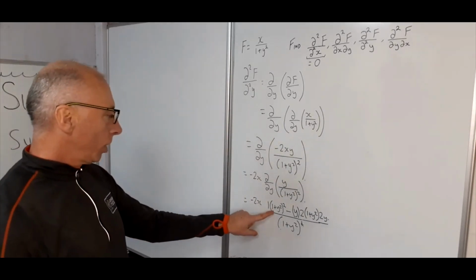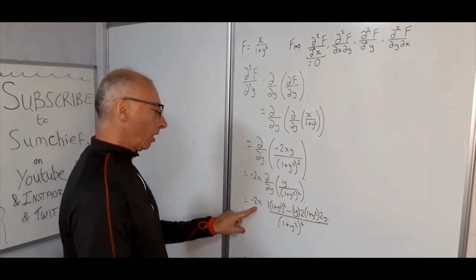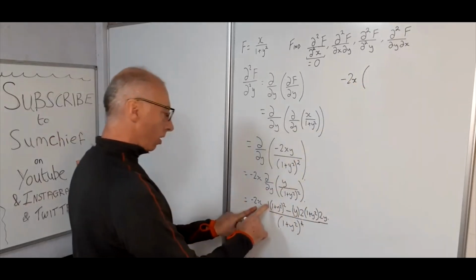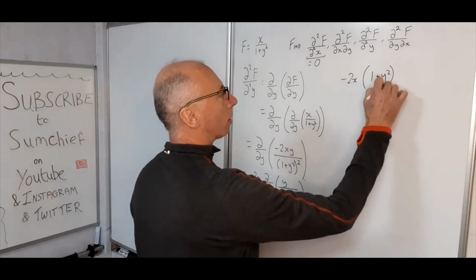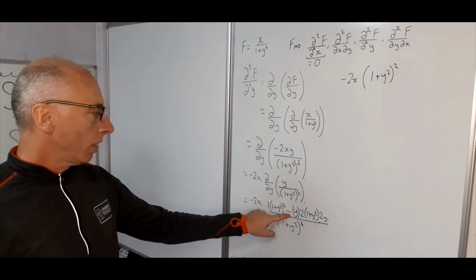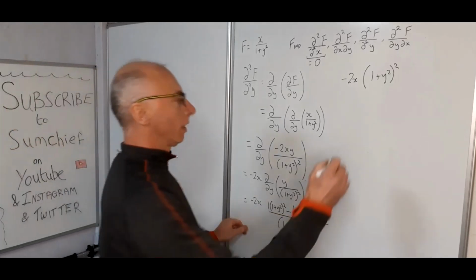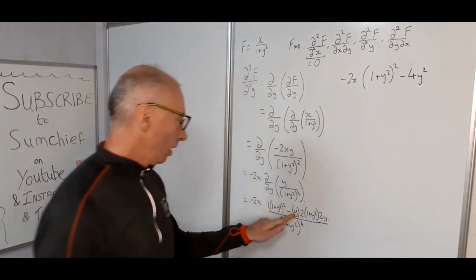So we've got 1 times 1 plus y squared squared with the minus 2x. So we've got minus 2x, open bracket, 1 plus y squared squared. So that will be taking care of that. And then we've got minus 2y and 2y, so that's 4y squared. So that's going to be minus 4y squared. That takes care of them.